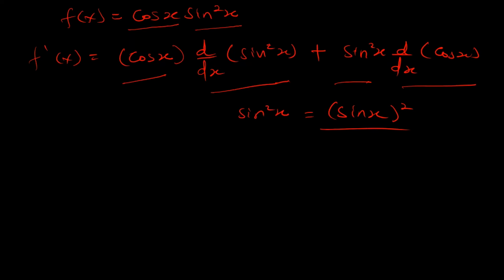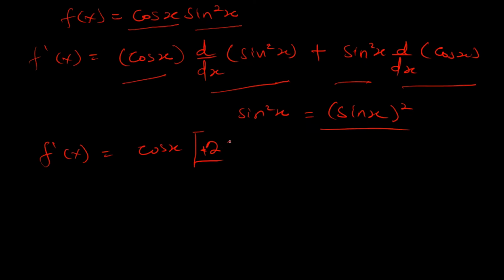So let's just solve the derivative and see. So cos x, when we differentiate sine squared x, we will get 2, as a matter of fact, positive 2.